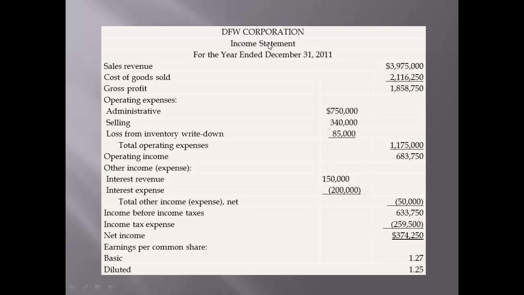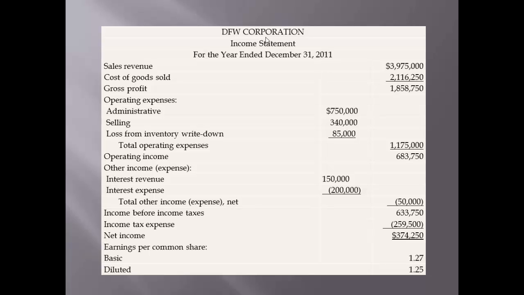So now let's look at the income statement of DFW Corporation. First off, the income statement summarizes the profit and loss generating activities that occurred during a particular reporting period.